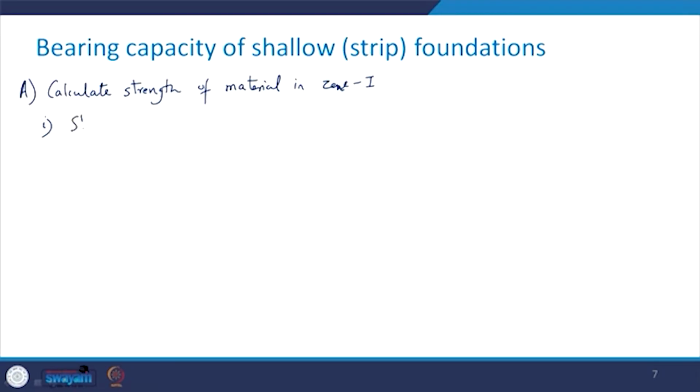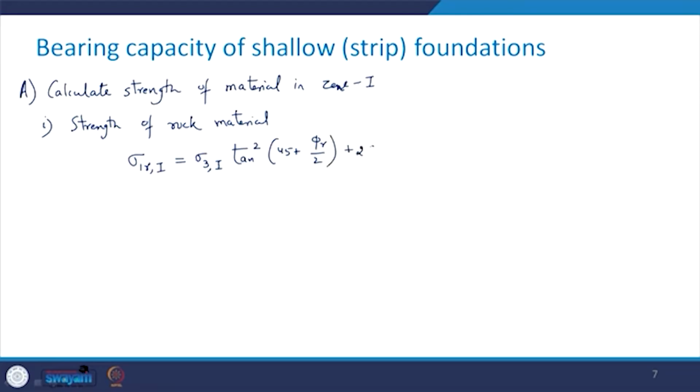First we deal with the strength of the rock material, and this is what we are going to get: sigma 1 r in zone 1 is equal to sigma 3 of zone 1 tan square of (45 degrees plus phi r upon 2) plus 2 cr tan of (45 plus phi r upon 2).